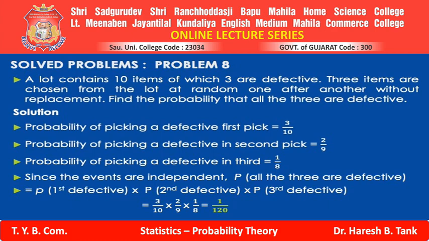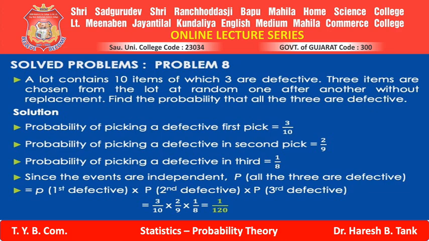First pick: probability of picking a defective piece. Number of defectives is 3, number of elements is 10, so it comes to 3 by 10. After finishing this, probability of second pick where the first pick is already done. So number of defective pieces left is 2 and number of items remaining is 9. So it comes to 2 by 9.